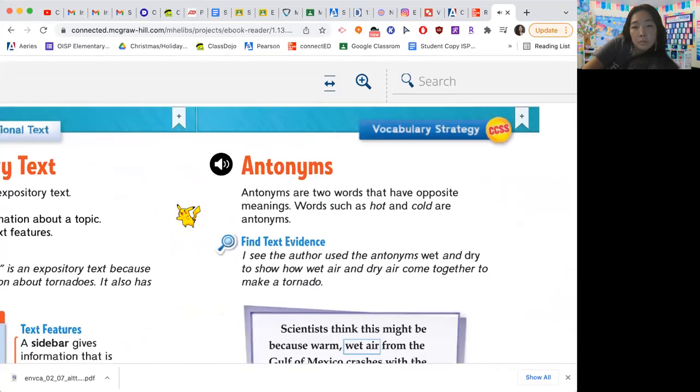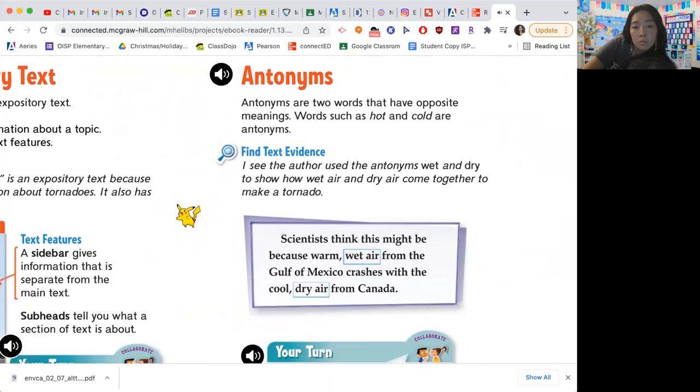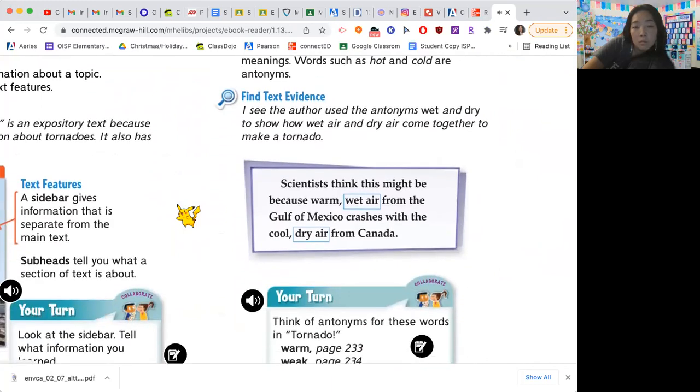Antonyms. Antonyms are 2 words that have opposite meanings. Words such as hot and cold are antonyms. Find text evidence. I see the author used the antonyms wet and dry to show how wet air and dry air come together to make a tornado.